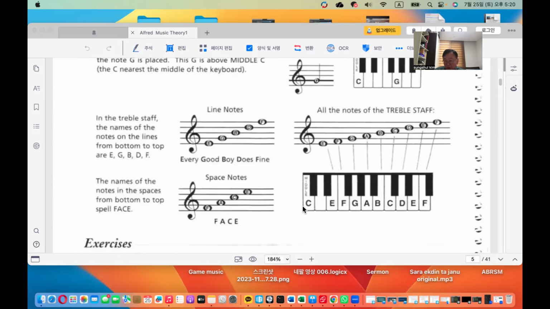If you go in the right direction, a high pitch comes out, one octave higher C. If you go in the left direction, a lower sound comes out. Why? To make beautiful music.